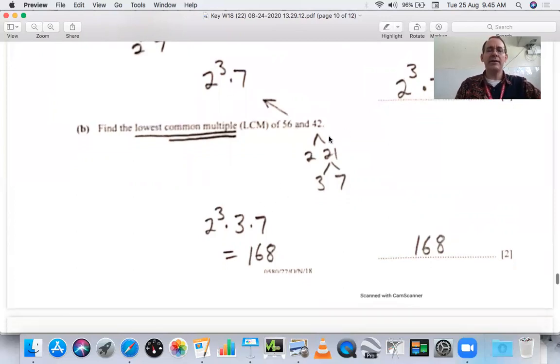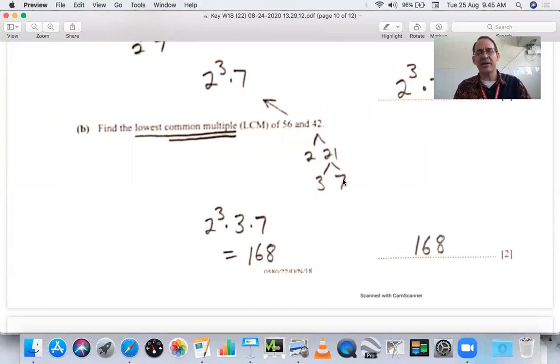And when we look at this up here with this down here, to get the lowest common multiple, we need every factor and we need the most of every factor. So here's a 2 and here's a 2. This only has 1. This one has 3. We need to take the most, so we take the 2 cubed. Here's a 3. This one doesn't have a 3, so we need to take a 3.